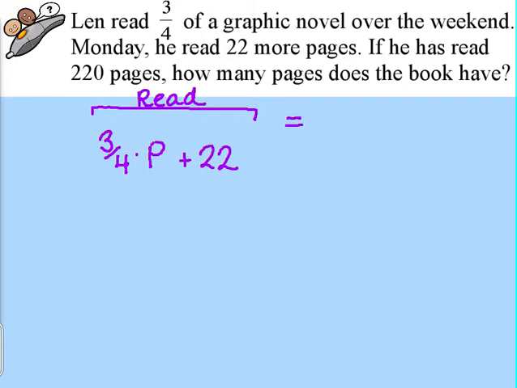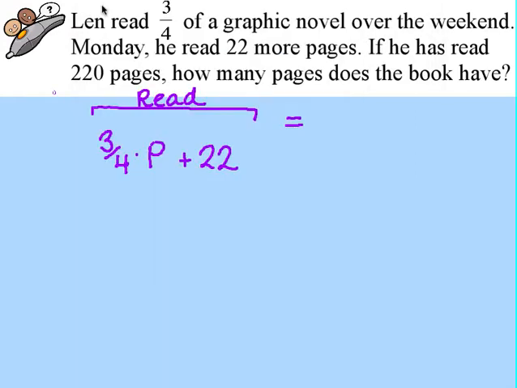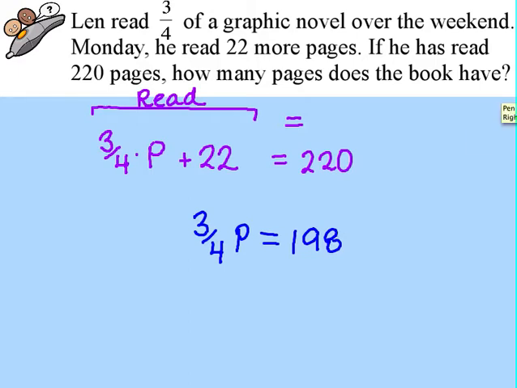So let's see what we all have. 264. Nice job. Okay, what we needed to do there was set it equal to 220. First thing to do is subtract 22. When you subtracted 22, you should get 3/4 P equals 198. Your next step is to multiply by the reciprocal, which is 4/3.